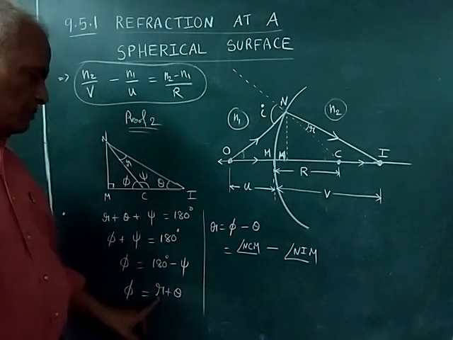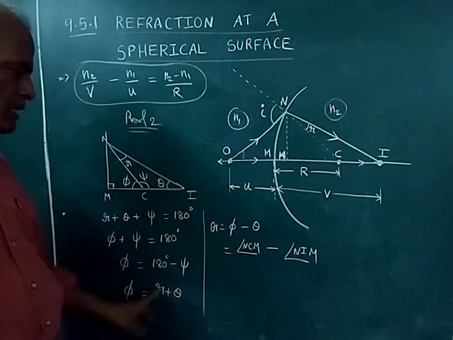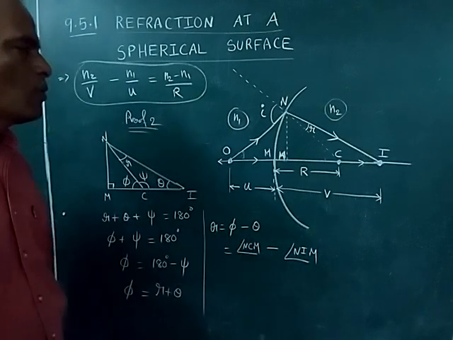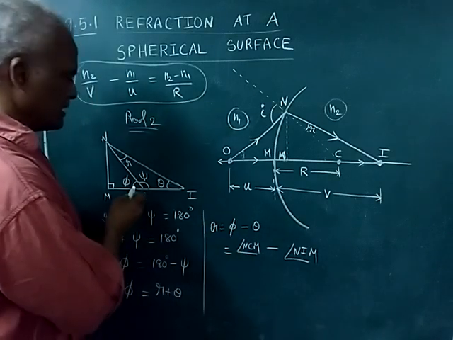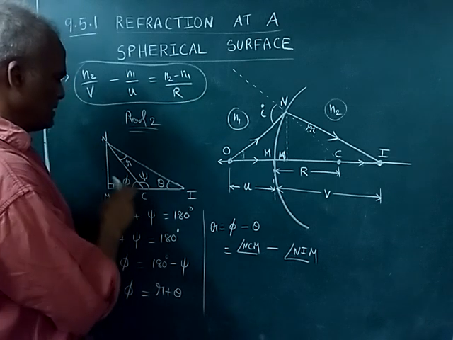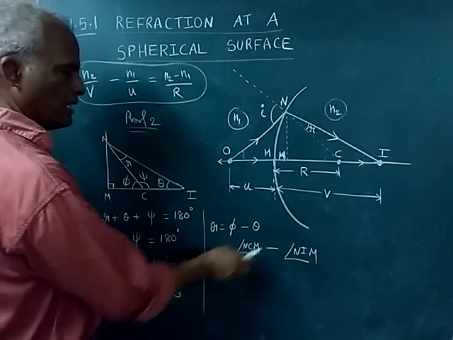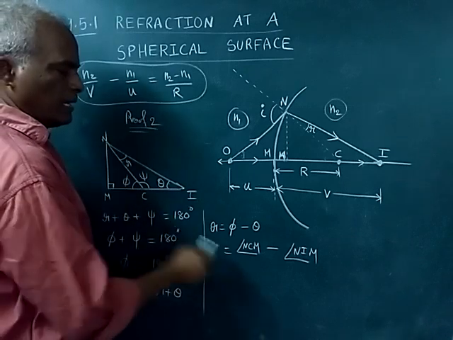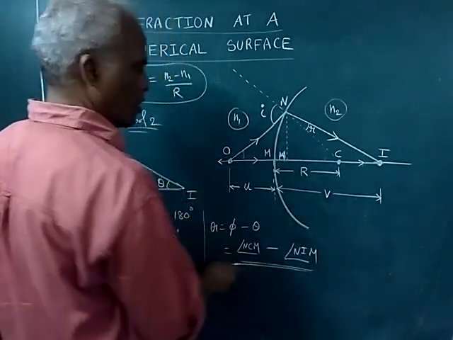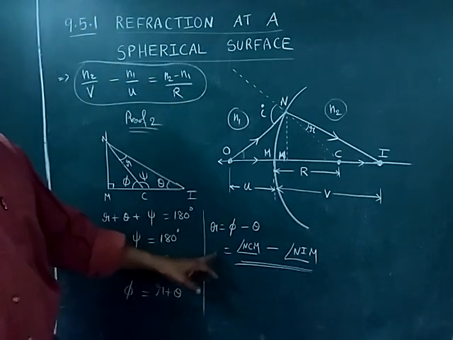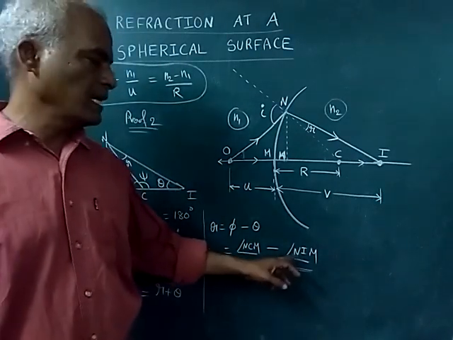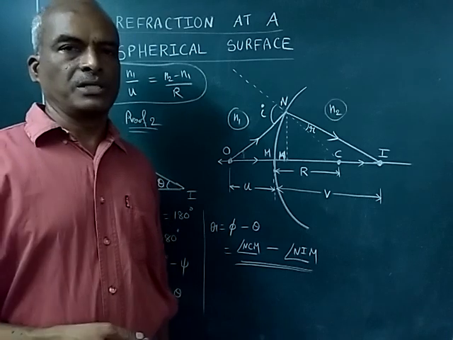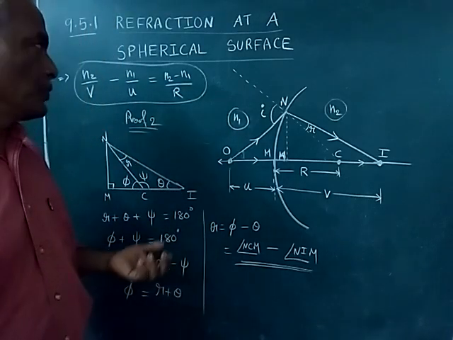Or from this equation, r is equal to phi minus theta. Now what is phi? Phi is this angle, that is angle NCM, minus what is theta? Angle NIM. So that's how we got the relation r is equal to angle NCM minus angle NIM in the derivation. Okay. So this is proof 2.